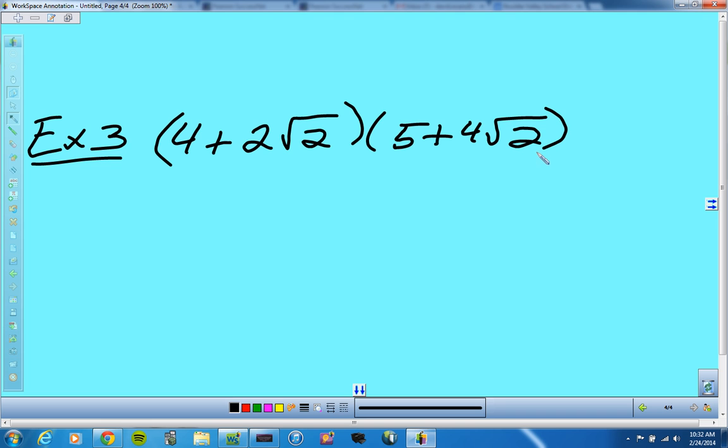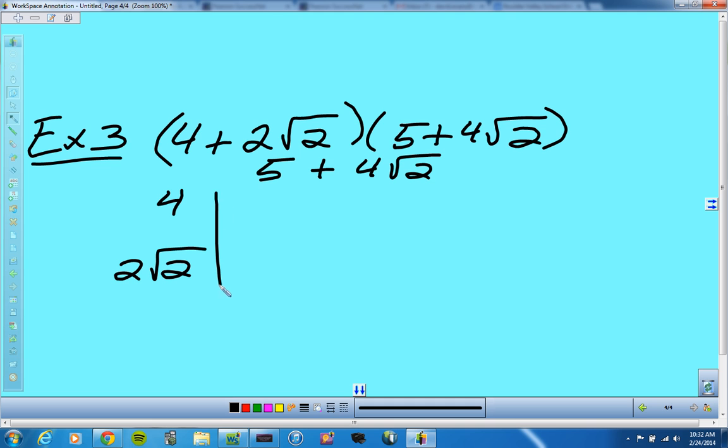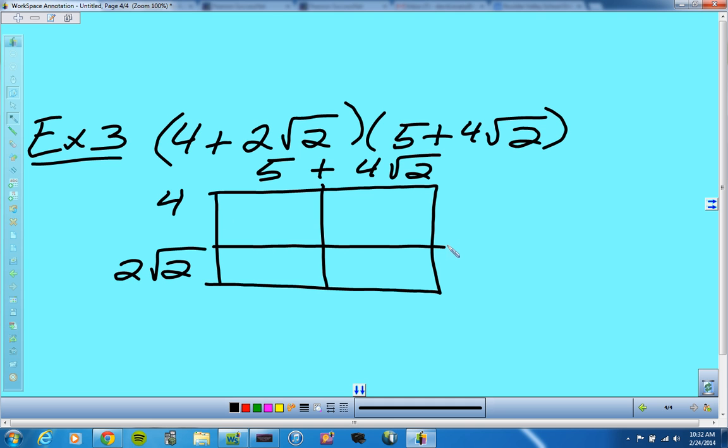So you've got a FOIL essentially. Some of you like doing the little box thing. It makes it easier for me to give you partial credit if you do the little box thing. If you like foiling better, more power to you, foil.